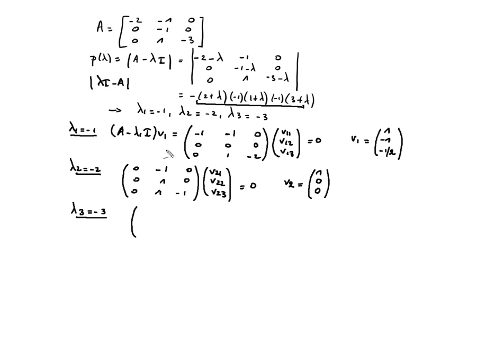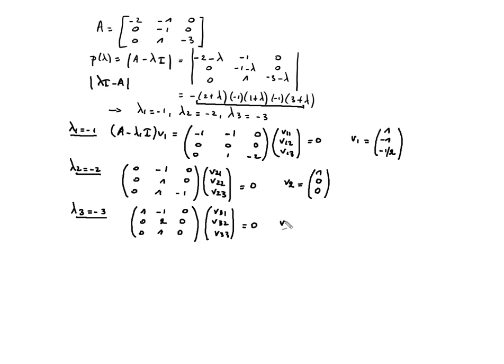The third eigenvalue is -3. If we plug -3 in here, we end up with rows (1, -1, 0), (0, 2, 0) and (0, 1, 0). The eigenvector is v3, which we'll write as v31, v32 and v33, equal to 0.